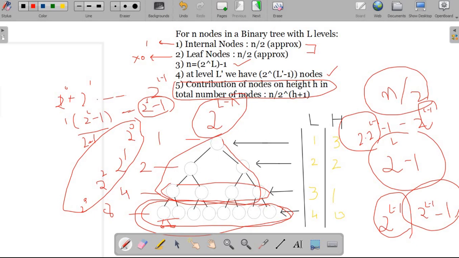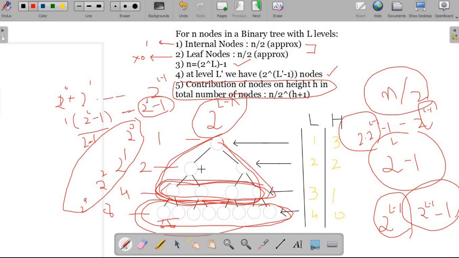Now let's see how many nodes are contributed by this level, like what percentage of the total number of nodes is being contributed by this level. Over here we know that every level has half the number of nodes than its next level.